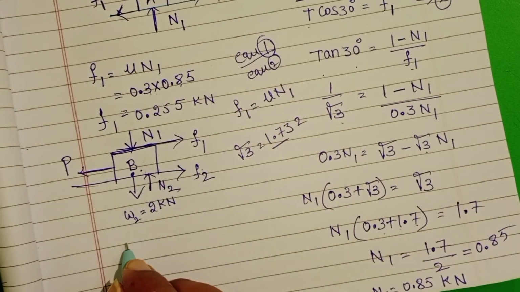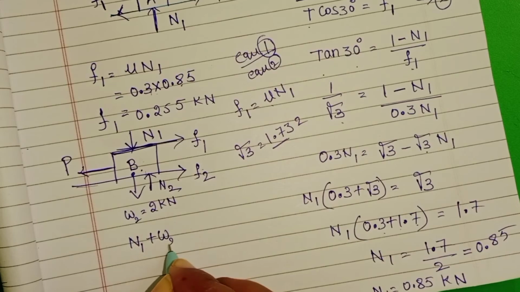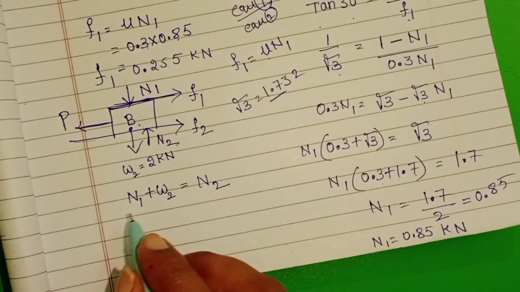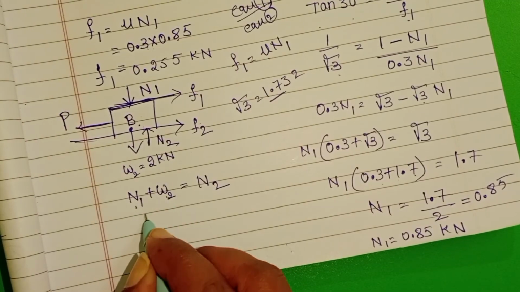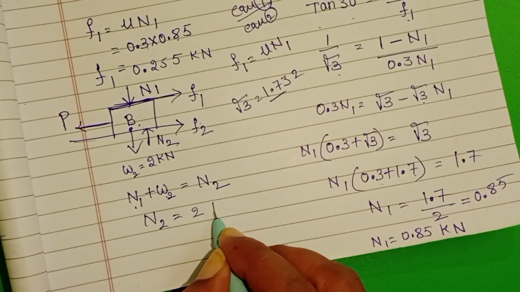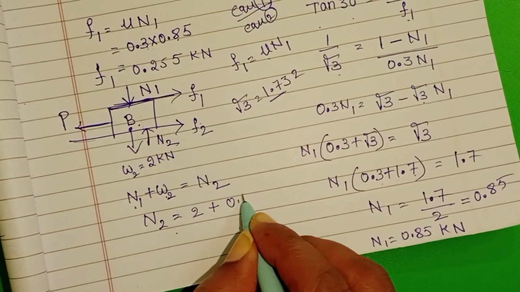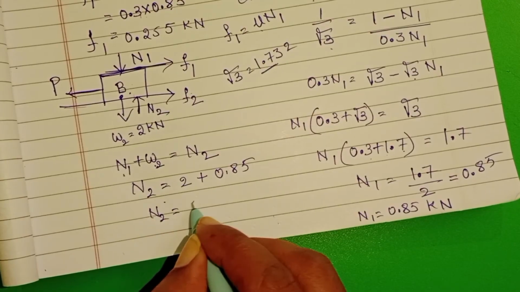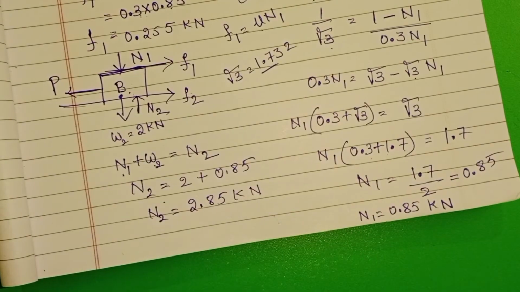Take the vertical forces. N1 plus W2 is equal to N2. We know the N1 value and the weight of the block. N2 is equal to the weight of the block, 2 kilonewton, and N1 is 0.85 kilonewton. So finally the N2 value is 2.85 kilonewton.